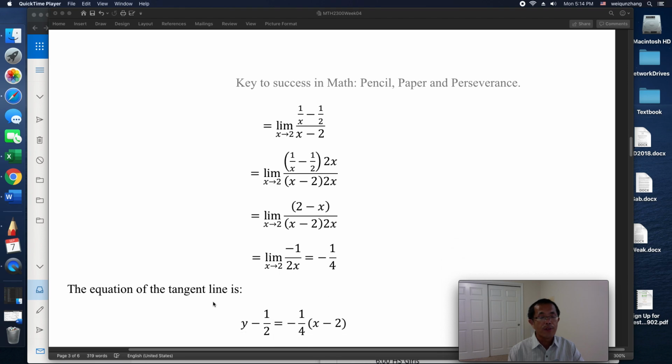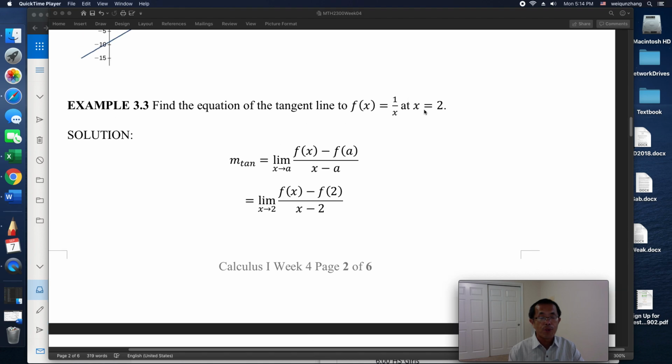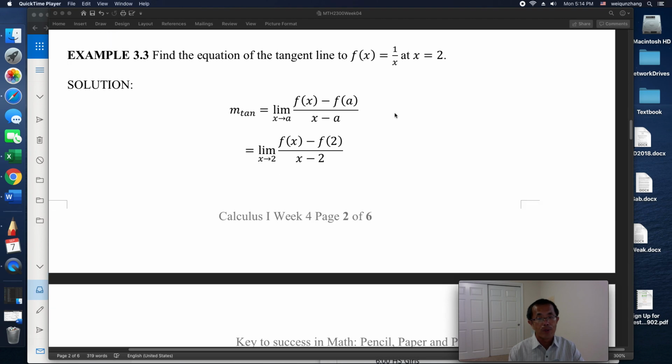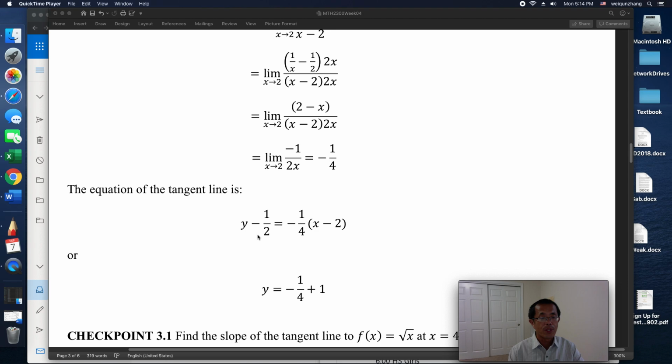So again, using the point-slope form. The point, it's worth mentioning, at the given x equals 2, because the function is the reciprocal function 1 over x, y is 1/2. So using the point-slope form, I have the equation of the tangent line: y minus 1/2 equals -1/4 times x minus 2.